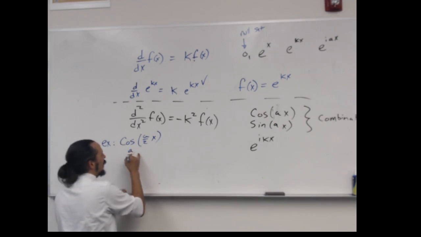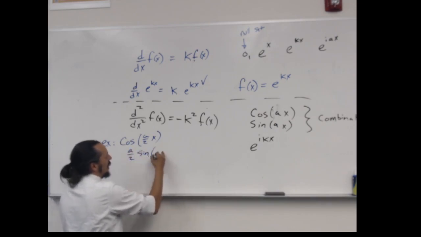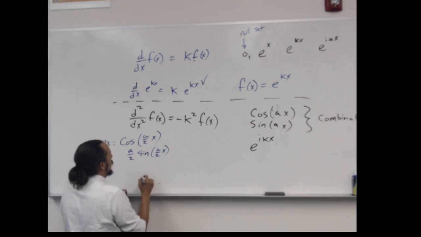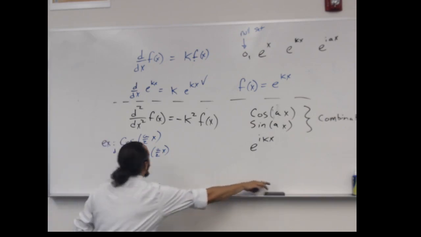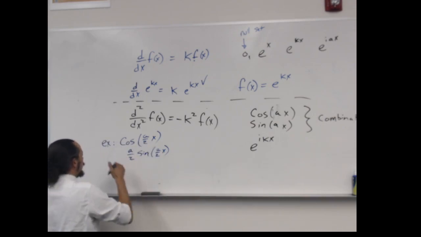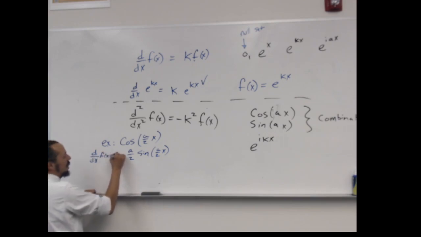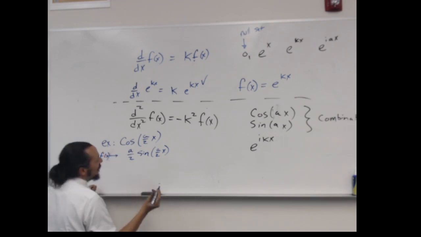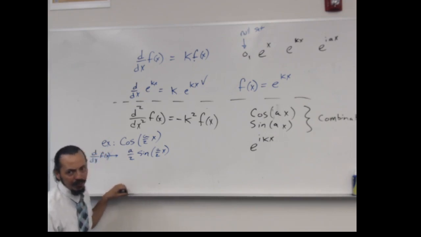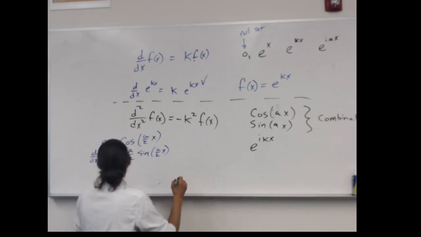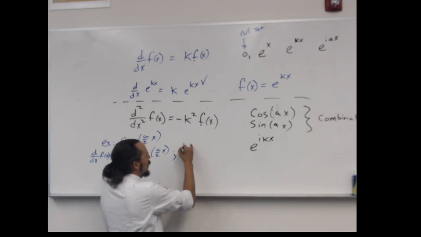So I'm going to get negative a over 2 sine a over 2 x. If I do d by dx of my function, this is usually how I do second derivatives. I don't do them both at the same time in my head.